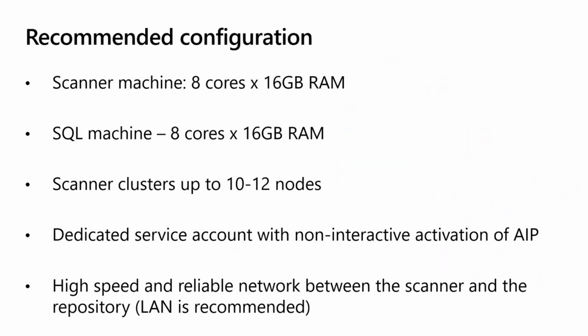This is the recommended configuration for a unified labeling scanner. The third line is the most important. While you can have clusters of more than 10 or 12 nodes, and for example MSIT is running, I think, a 50-node cluster, scaling out beyond 10 nodes is not linear. I can tell you that a cluster with 4 nodes scans almost twice as fast as a cluster with 2 nodes, but that's not right for 10 nodes and 20 nodes.